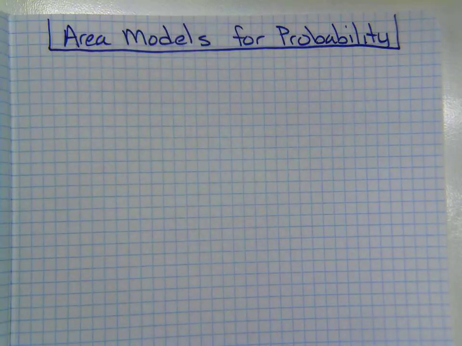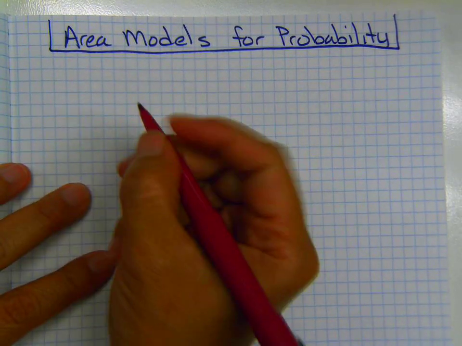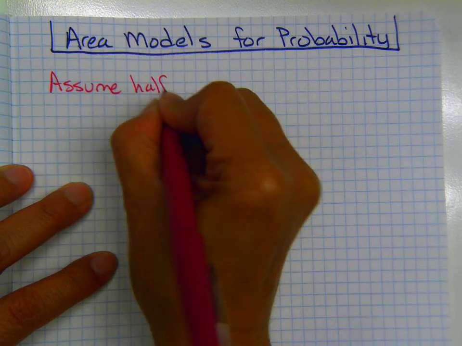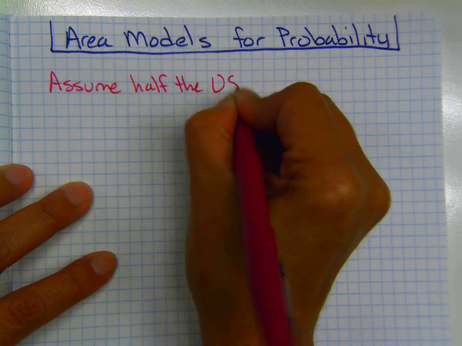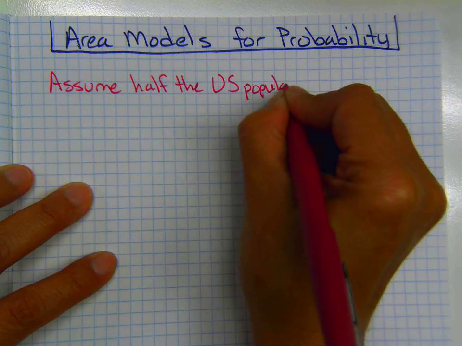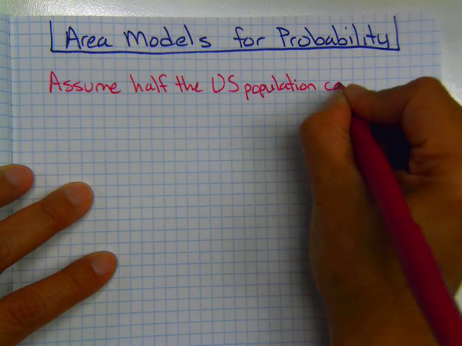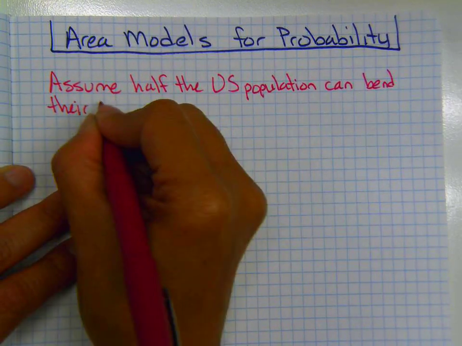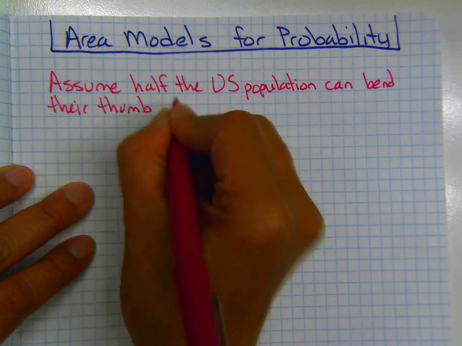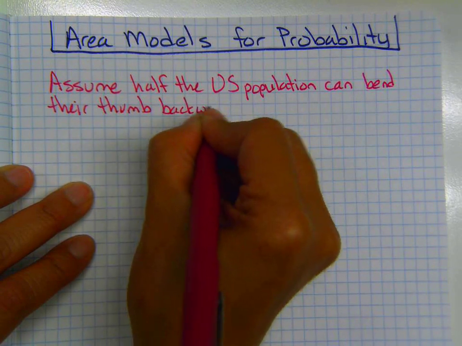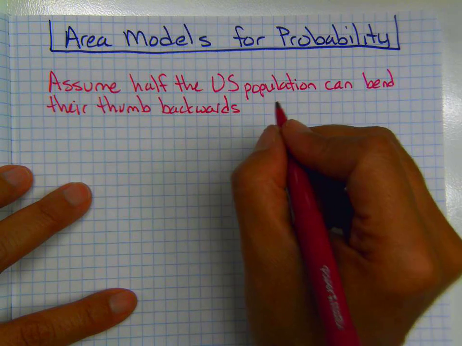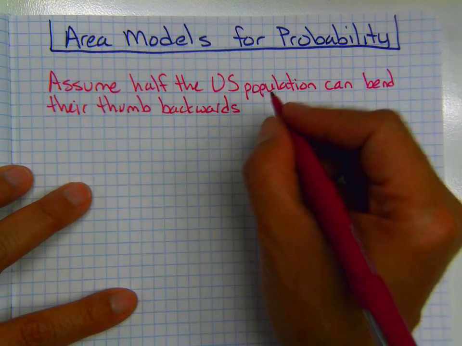All right, so let's go ahead and start with a problem. Let's assume half the US population can bend their thumb backwards. All right, and also half the population can also roll their tongue.